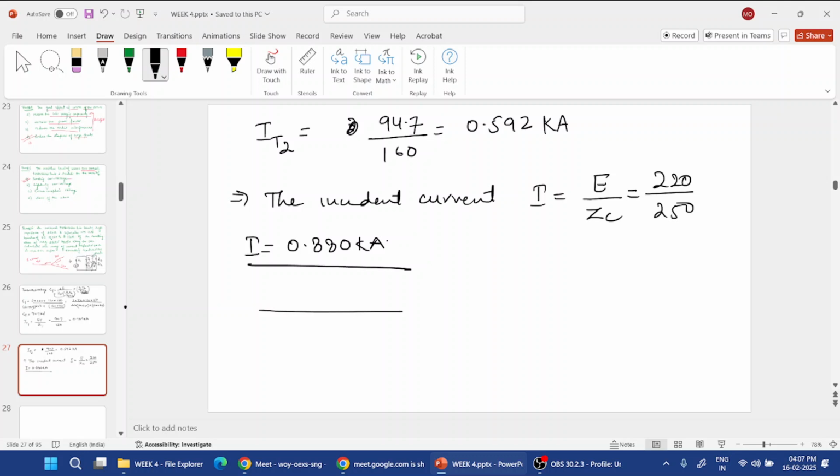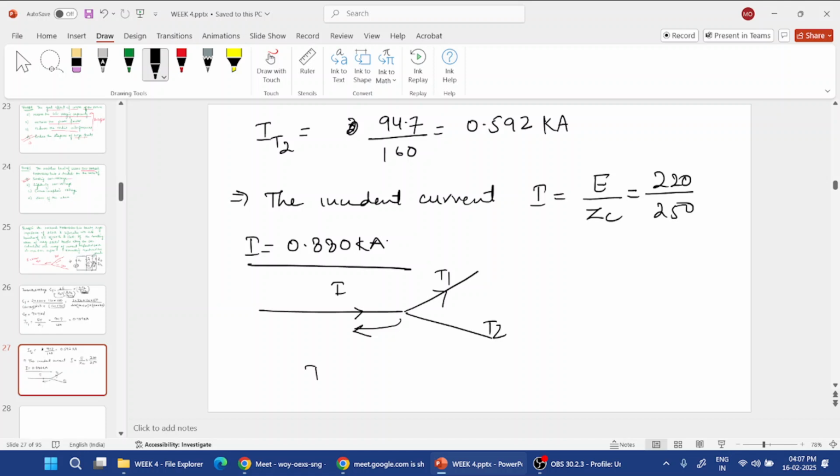A current is coming, some of the current will be reflected back, and some will be transmitted into these two branches. This is the incident current. So how are we going to calculate the reflected current?